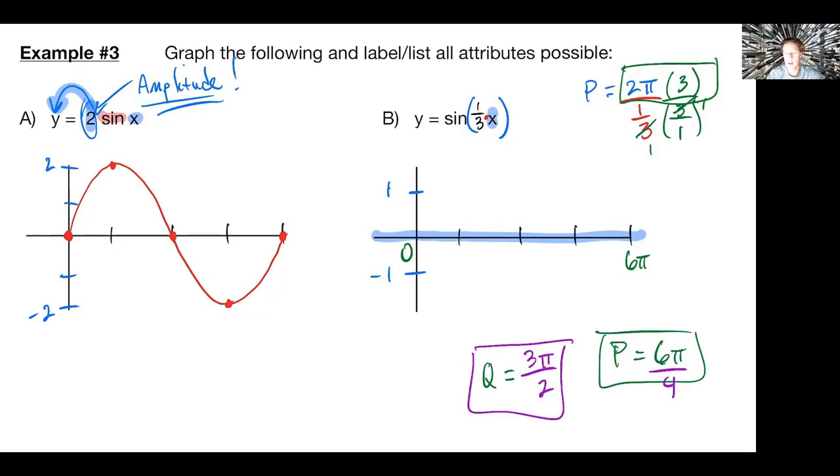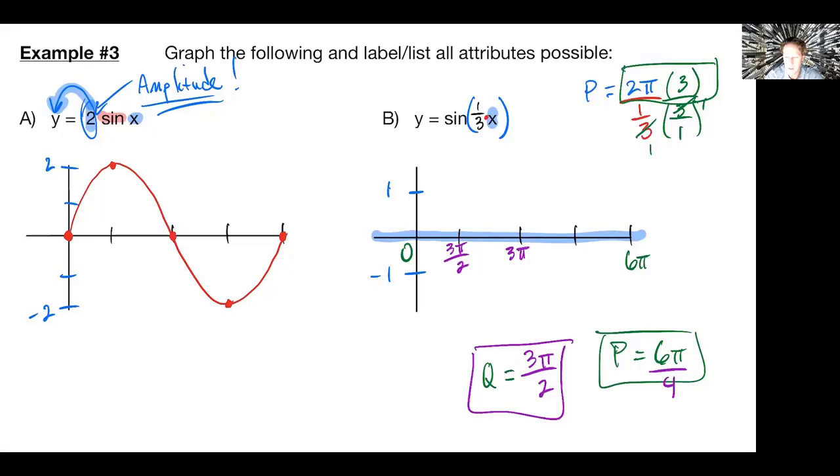And I'm going to have to do that 4 times, like we've always done. 1 pi over 2, 2 pi over 2, 3 pi over 2, and so on. So this first one, though, is going to be 3 pi over 2. Then I'm going to have to add another 3 pi over 2, which would get me to 6 pi over 2, which would be 3 pi.